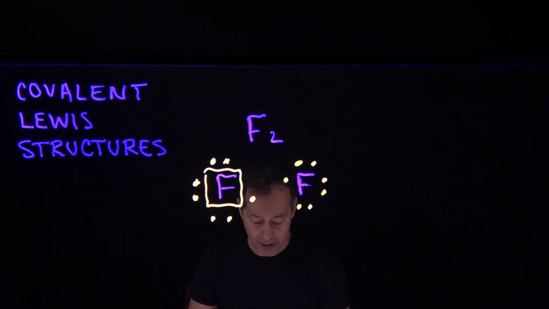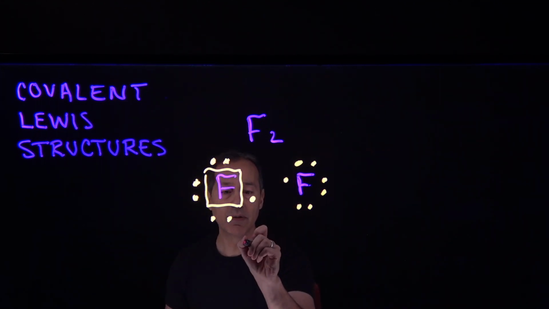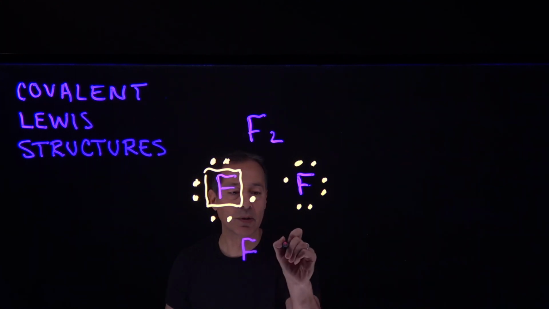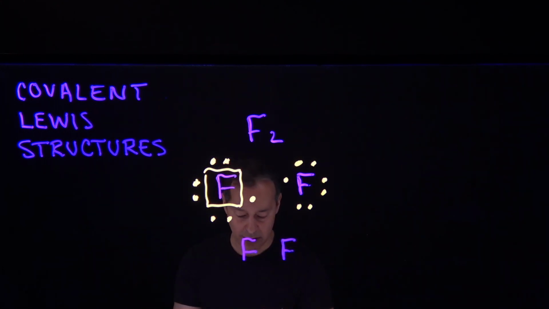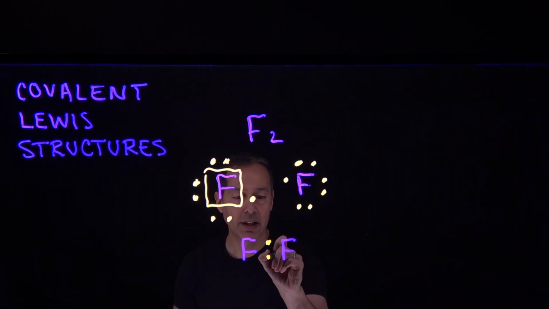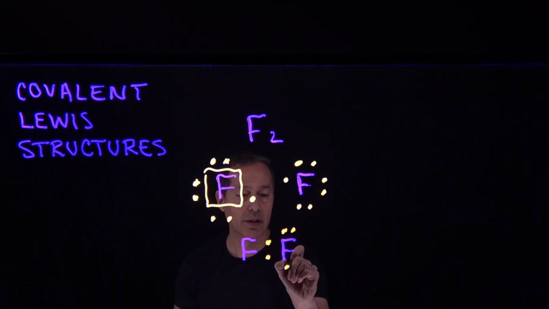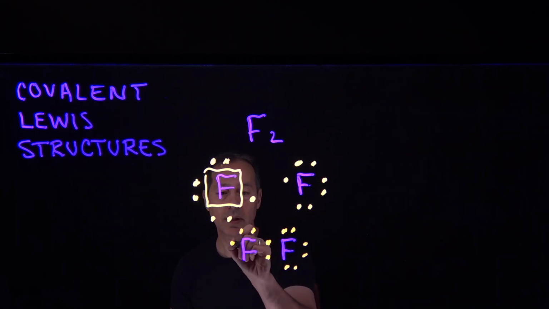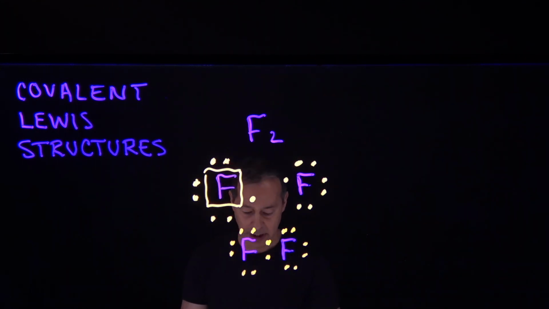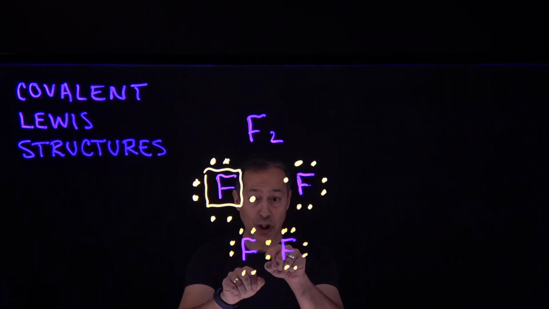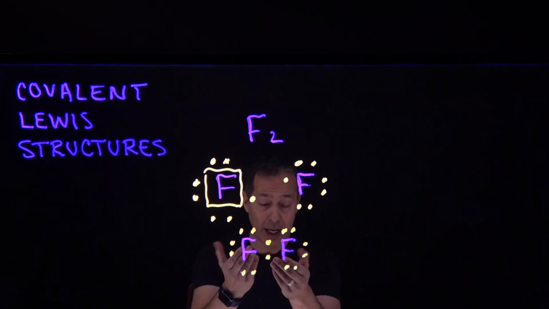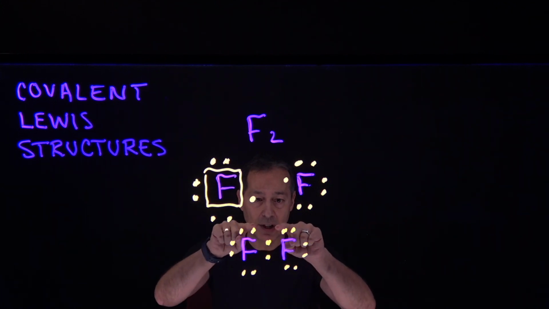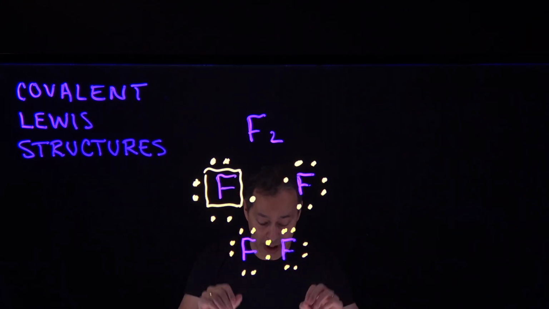So I'm going to redraw this here. I'm going to put my 2 fluorine atoms a little closer together like this. And I'm going to put in my electrons. Like that. And we can see now that we have electrons being shared between the 2 fluorine atoms. And we have these other electrons out here that are not being shared.